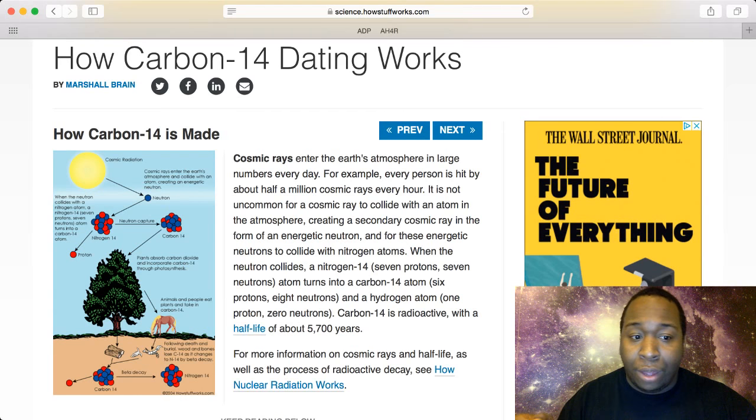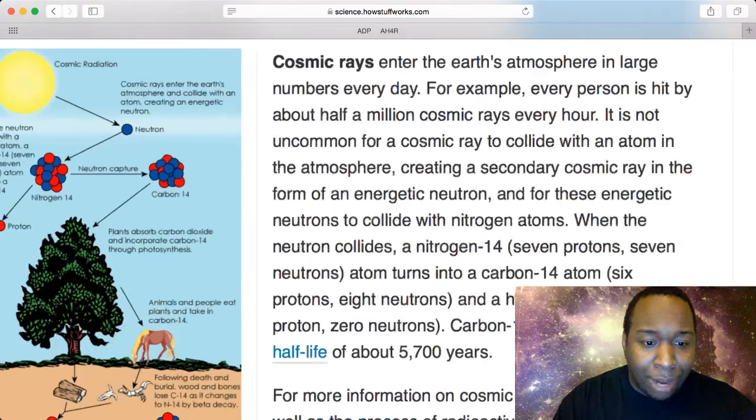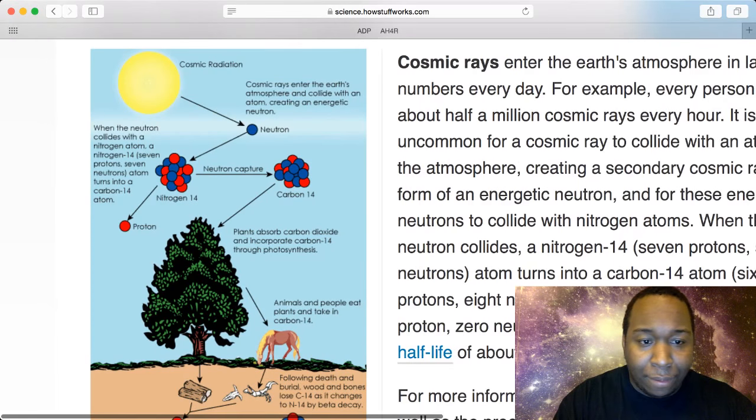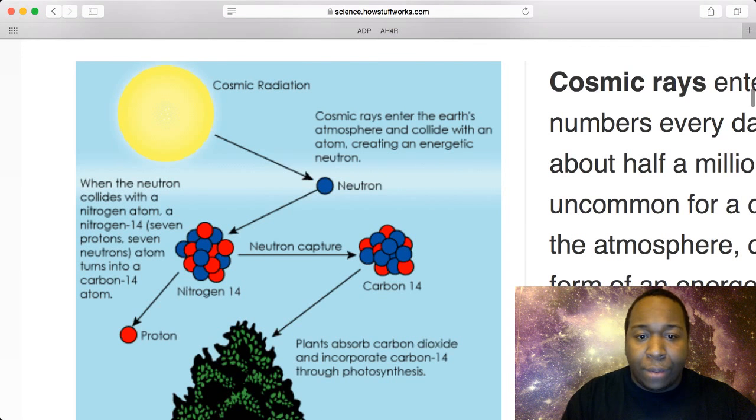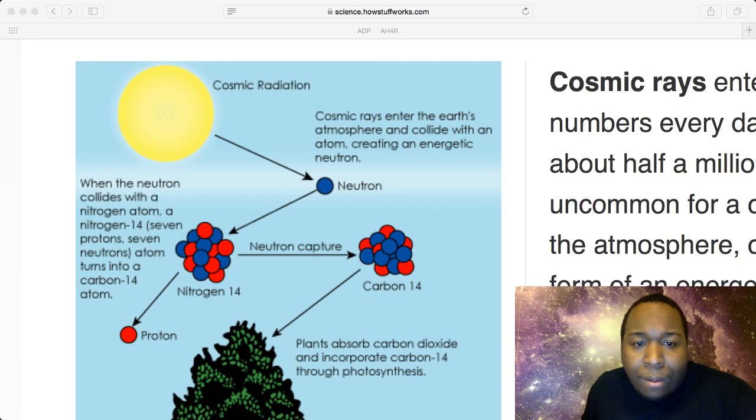And so the nitrogen 14 ends up getting, you can look at the diagram here actually. So I'll try to make the diagram bigger. There we go. So the neutron's created, right? The neutron ends up interacting with our nitrogen 14 atom, which is stable: 7 protons, 7 neutrons, if I'm not mistaken.